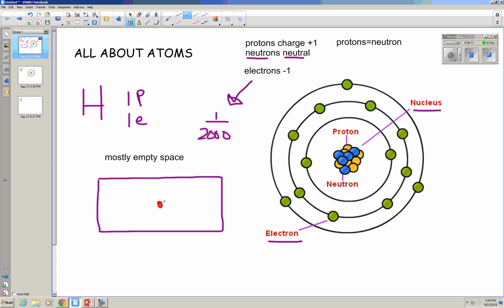If a proton was the size of a tennis ball, the nearest the electron would actually get to it would be the end zone. So what's in between? Absolutely nothing. So we tend to think of atoms as being pretty dense. It turns out they're hardly dense at all. All right, so I want to stop right there and move on a little bit.